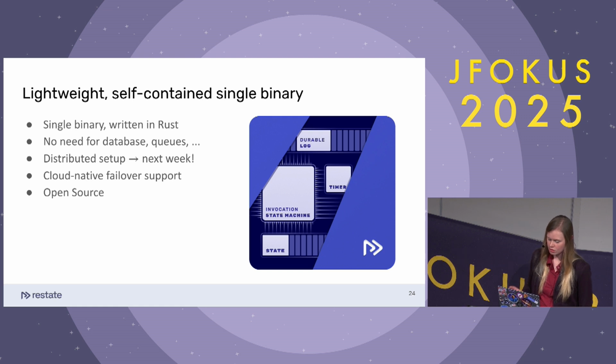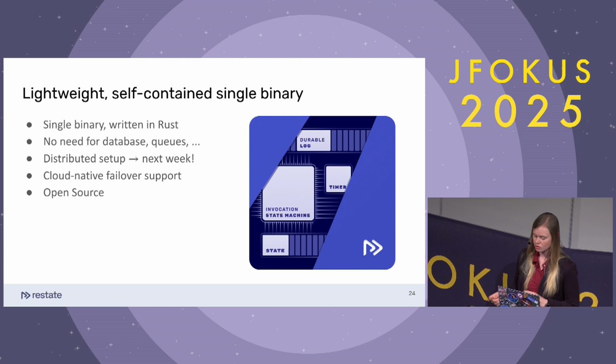So let's have a little word about what actually is inside that server. So it's a single binary, meaning you don't need to run any databases or queues next to it in order to make it work. So it's a single thing you need to spin up. It's written in Rust. We are launching the distributed version, so the high availability version, next week.